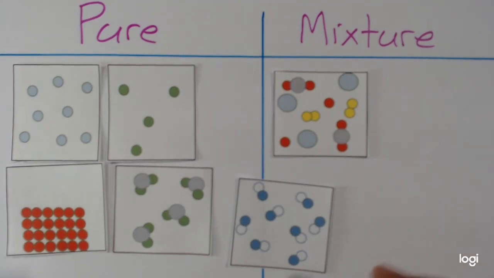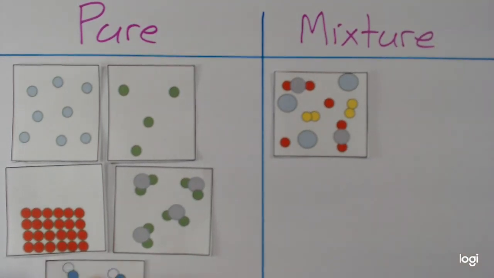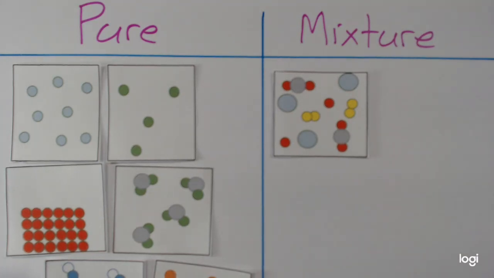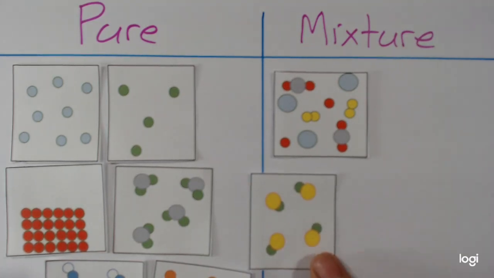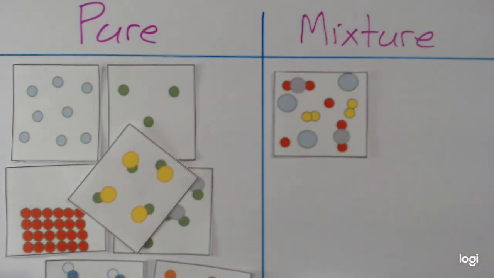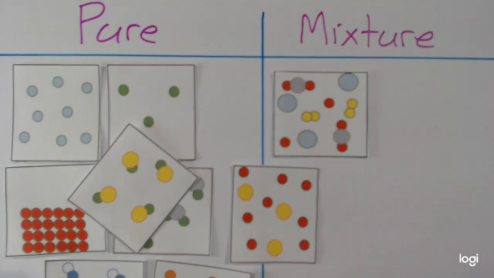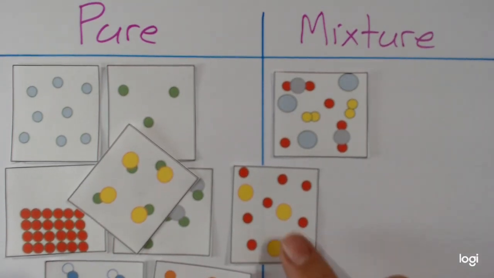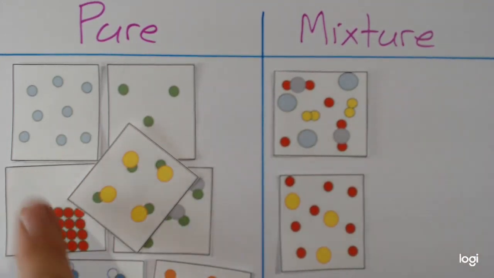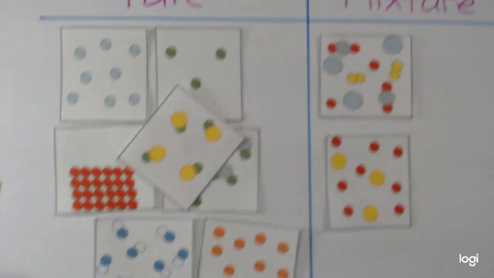That type of thing happens to be a combination, but it's still pure, as is this. What about this one? That's pure as well, same reason. And this last one here that I've got, that's a mixture, obviously. Some bits yellow, some bits red. It's obviously made of two different things. That's easy enough.